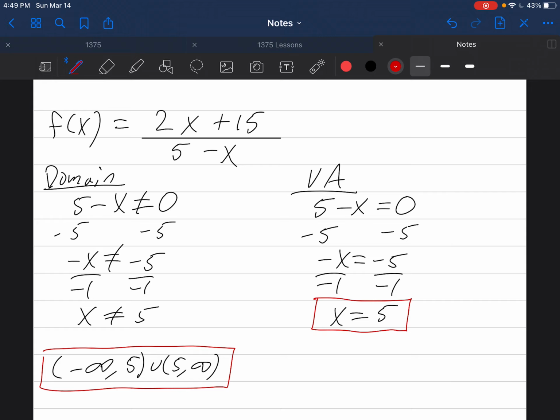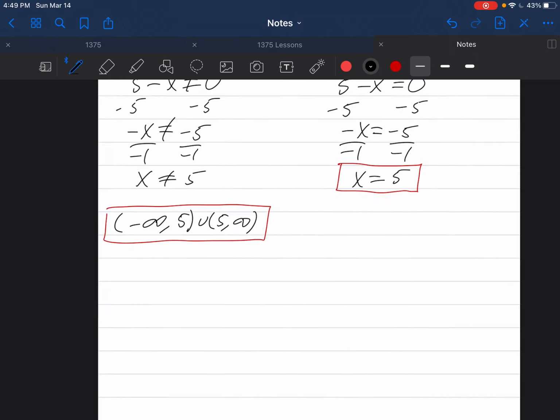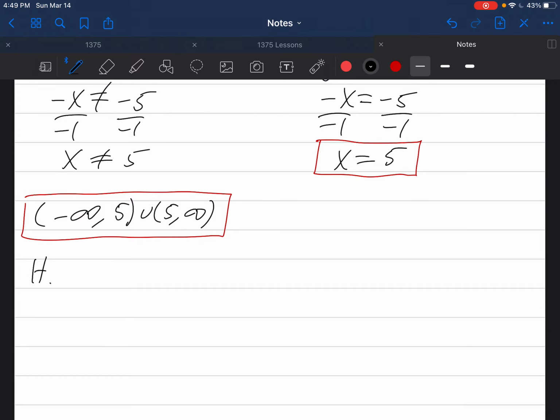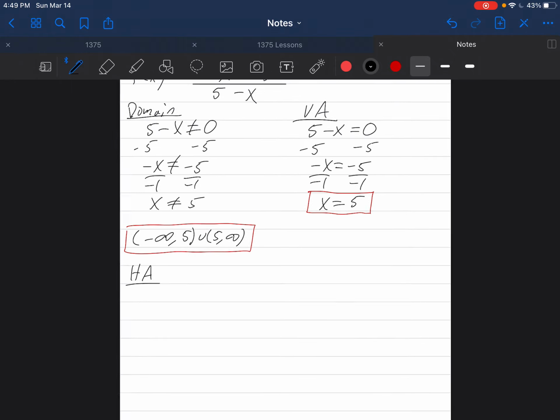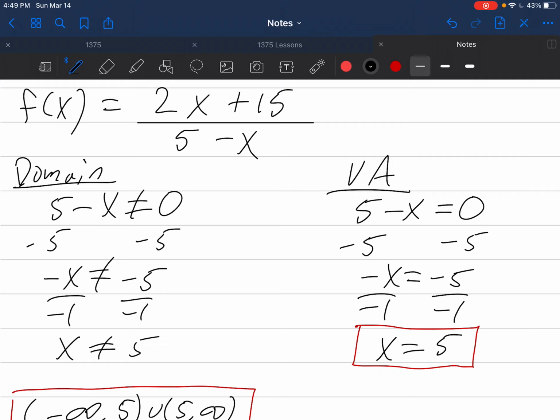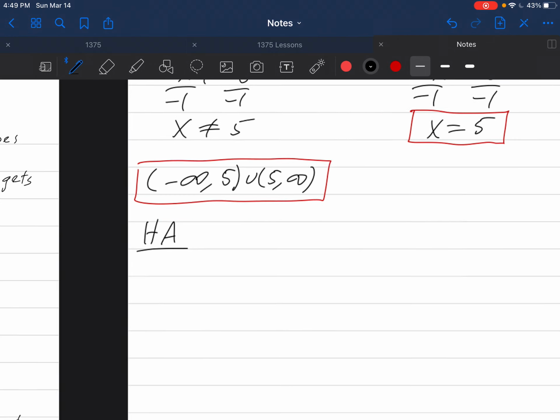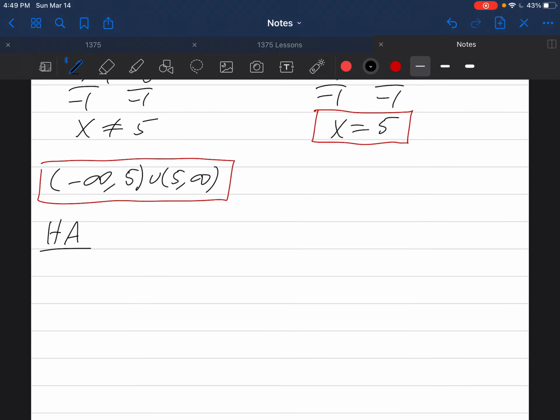Again, this is the equation of this line, right? And then we can find what's called a horizontal asymptote by comparing the numerator and denominator's degrees. The numerator has a leading term of 2x.